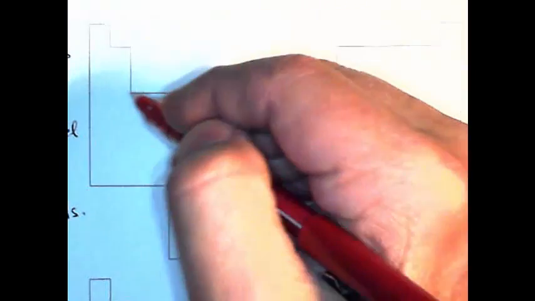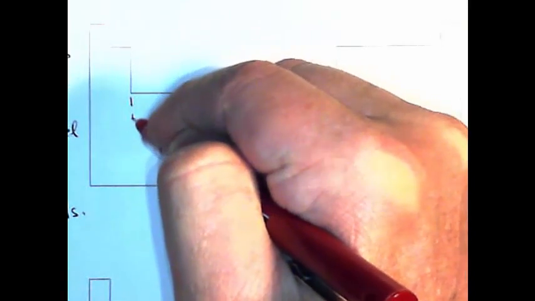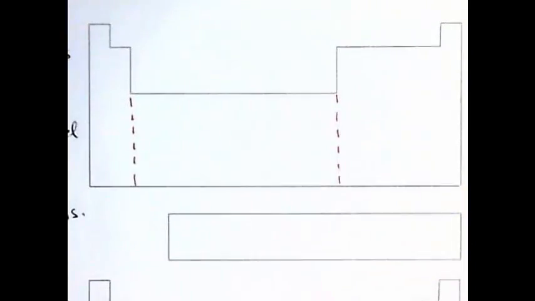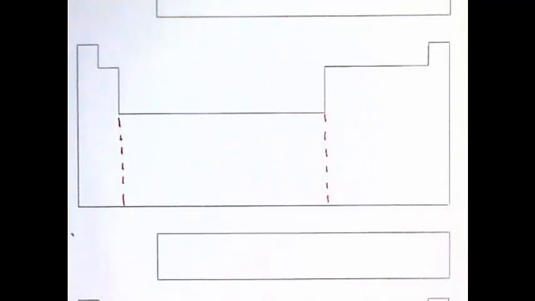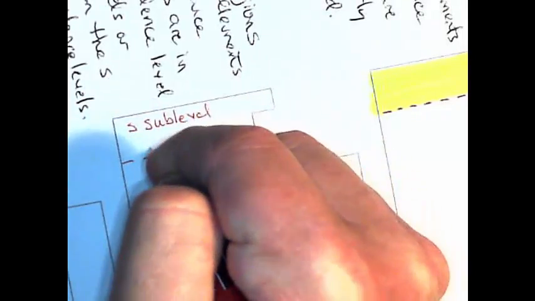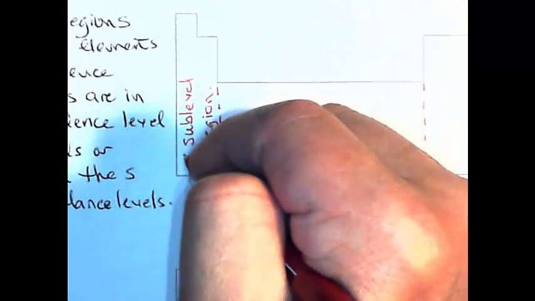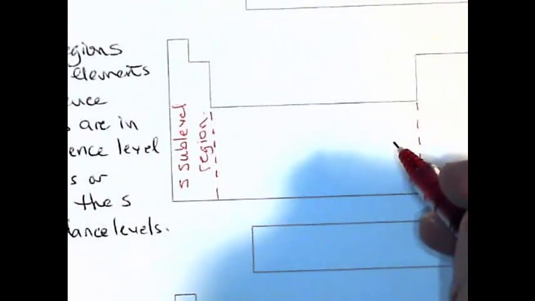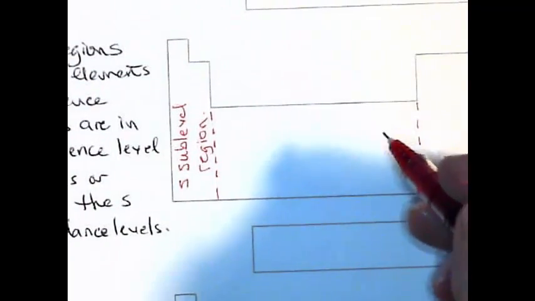Anyway, all right. So we're going to divide it in the same places. And then this section here is the S sublevel region. Now, there's a reason why I didn't make this S any bigger, because S for sublevels is a lowercase S, okay?